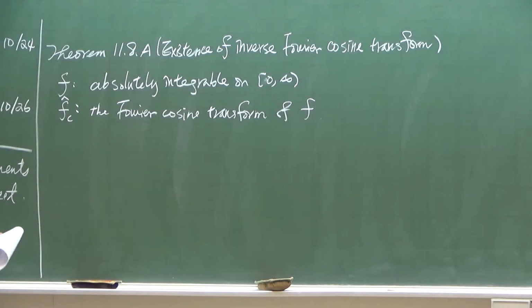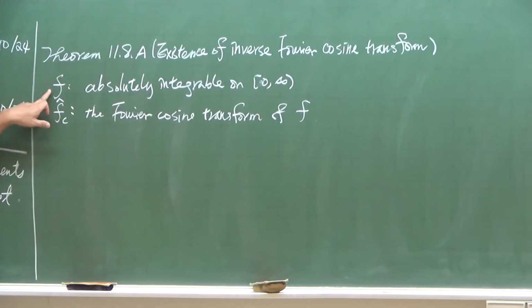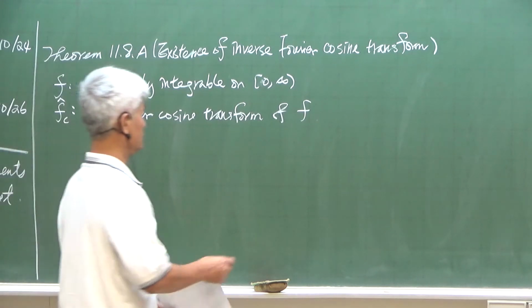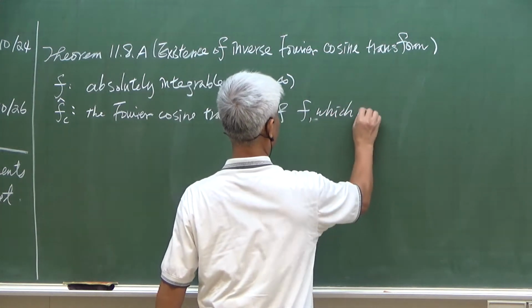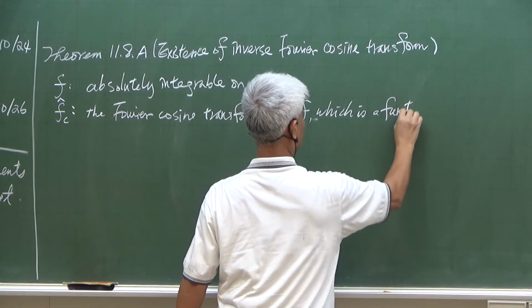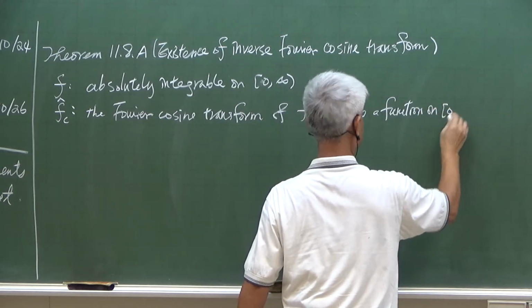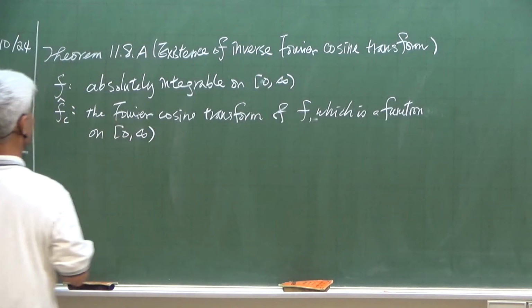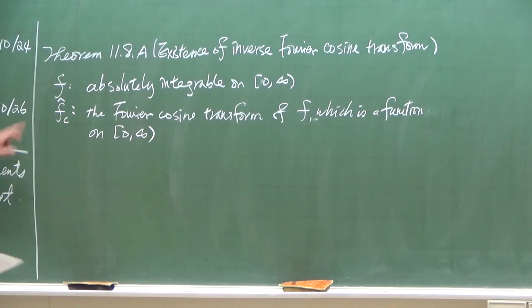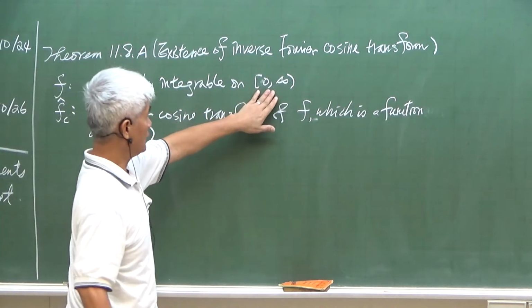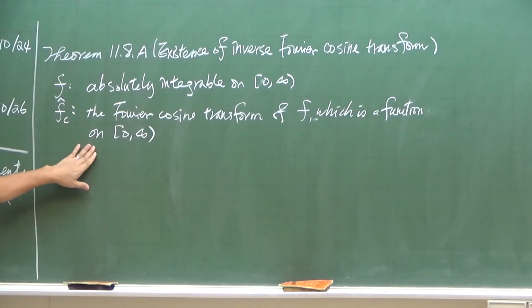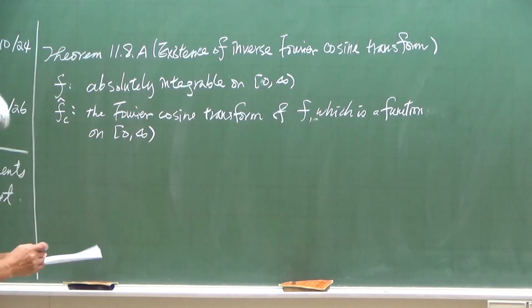I mentioned that when f is absolutely integrable, the Fourier cosine transform exists, and it is a function defined on the semi-infinite interval. So f is a function defined on the semi-infinite interval, and its Fourier cosine transform is also a function defined on the same interval.